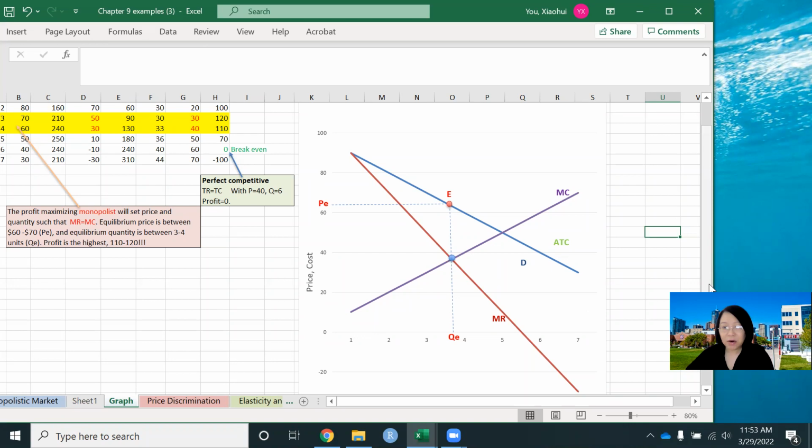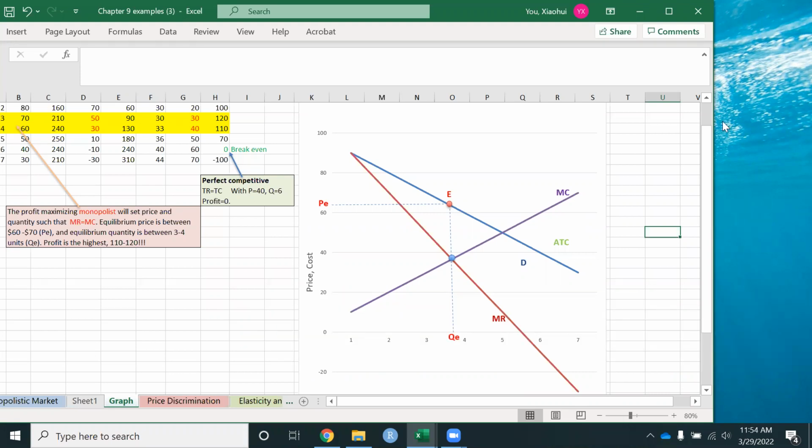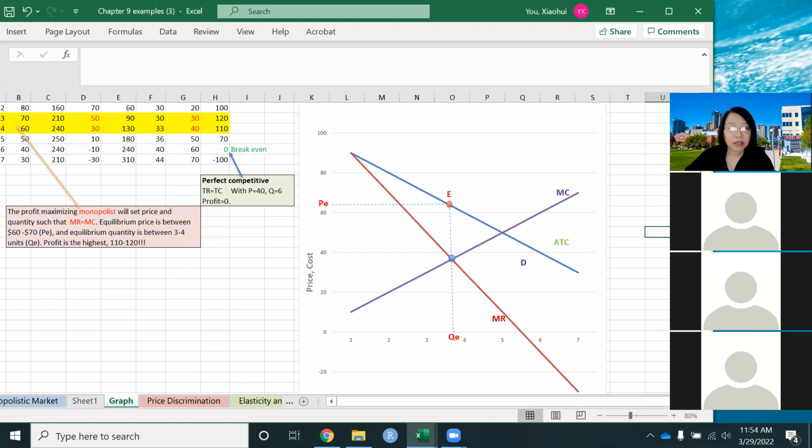After you find this point, when you try to find the quantity and price, you need to draw a perpendicular line. So first draw a line perpendicular to the x-axis.